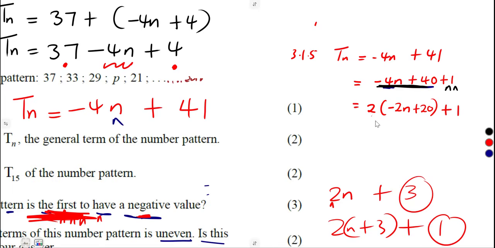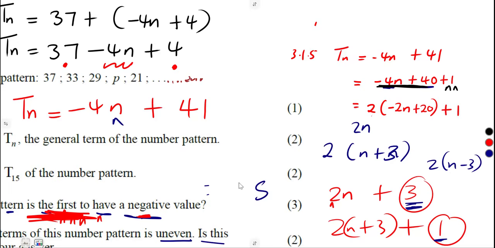Guys, I said anything multiplied by 2, an expression, a term, whatever that is multiplied by 2 makes that term or expression be even. But the moment you add an odd number after that, you add 1, you add 5, you add 7, guys, it's no longer an even.